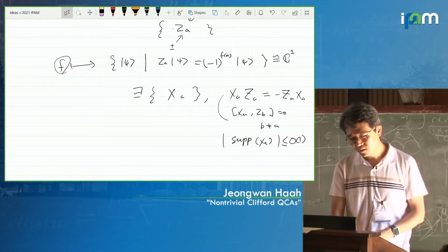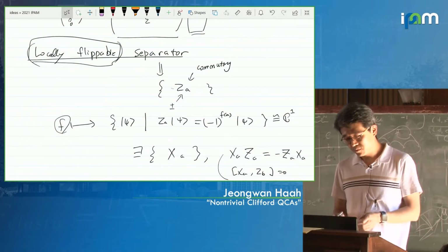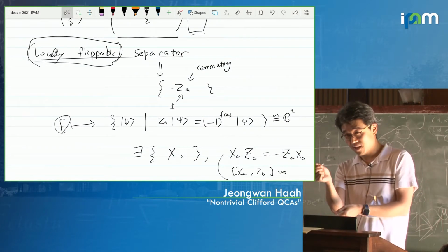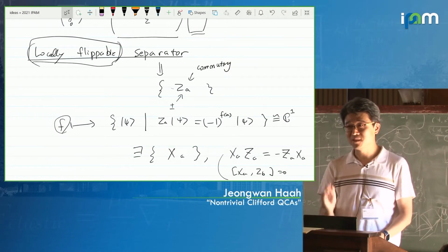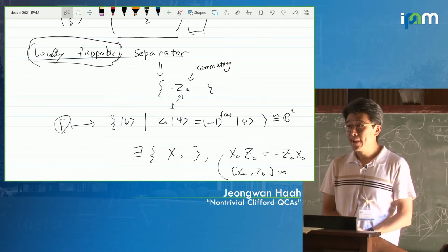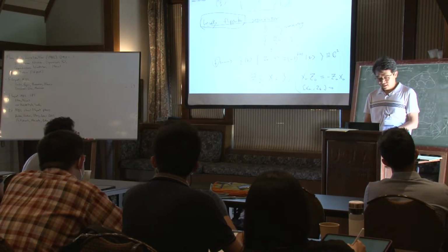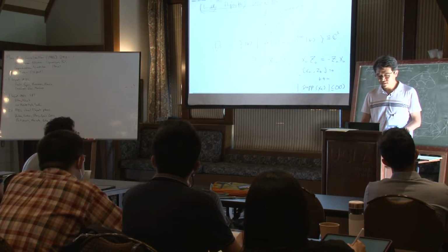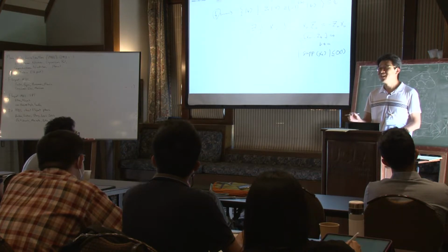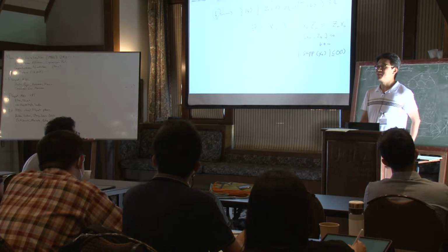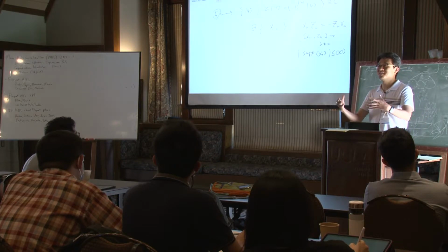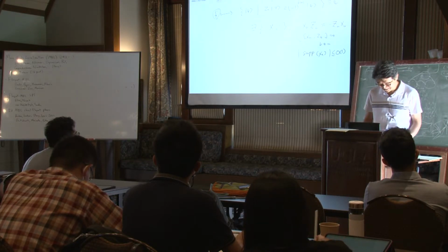So, locally flippable: there is some local flipper that just tosses one exact element in your separator. But they are not separators themselves. Actually, they don't have to be, but they can be massaged to be so.